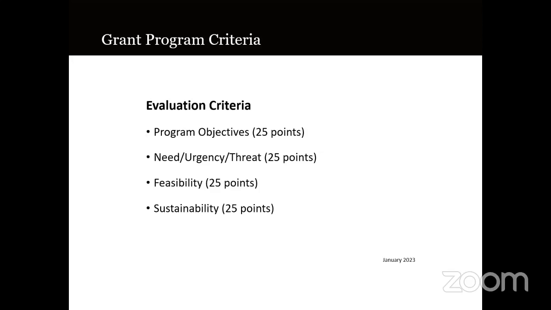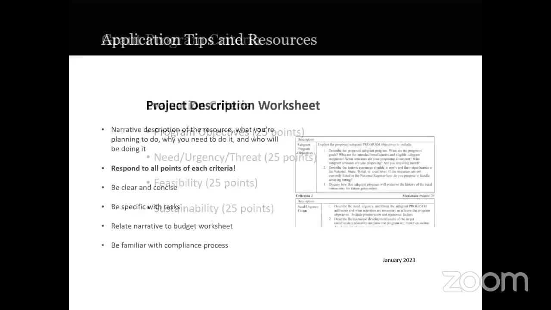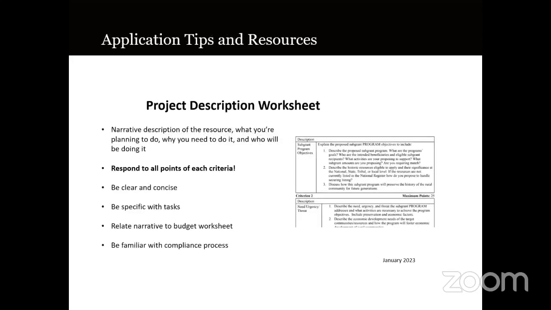So make sure that you do show some urgency in the writing of that need, threat section. I mentioned feasibility and sustainability. And again, if you just follow the cues that are given to you and you complete the document as it's requested, you should be fine.